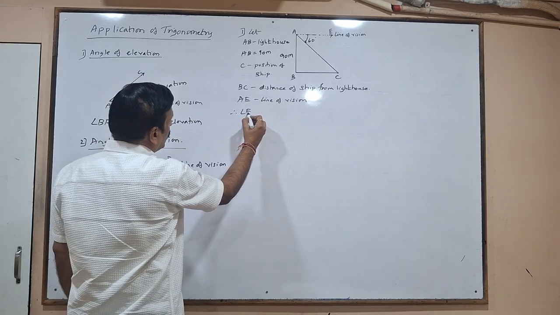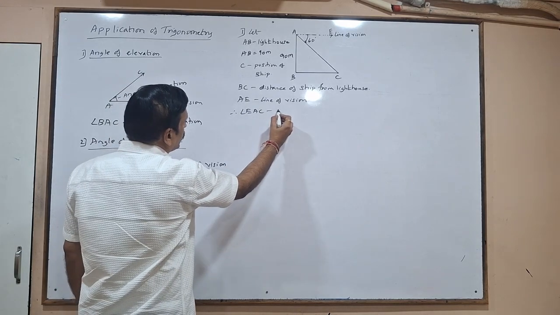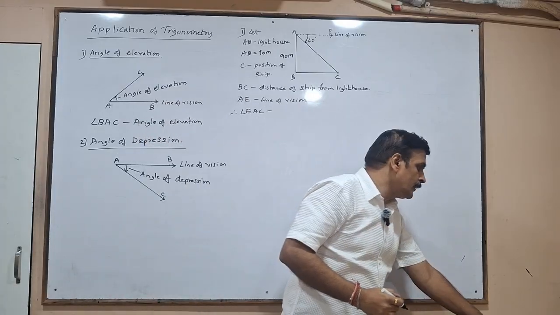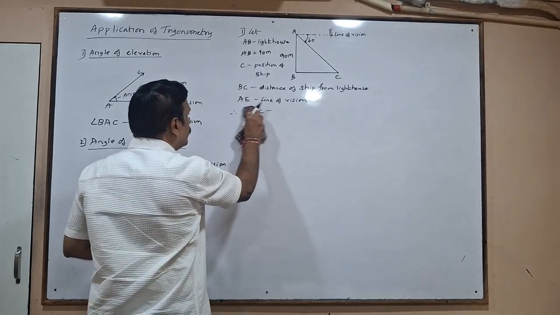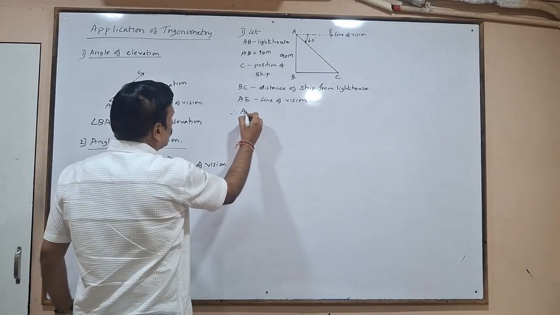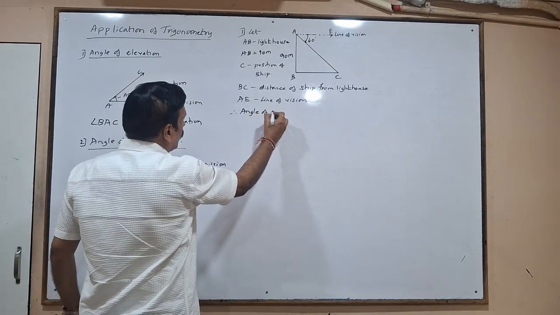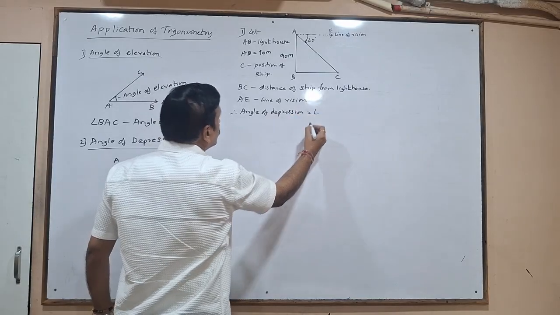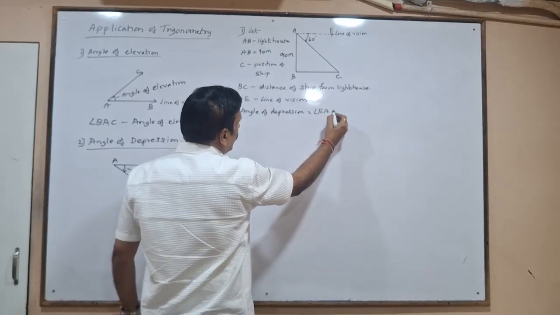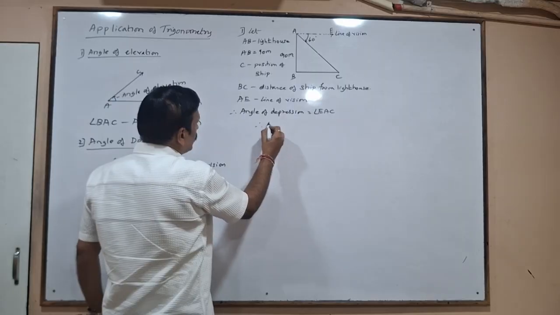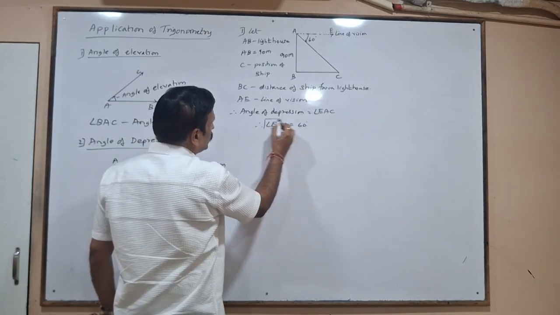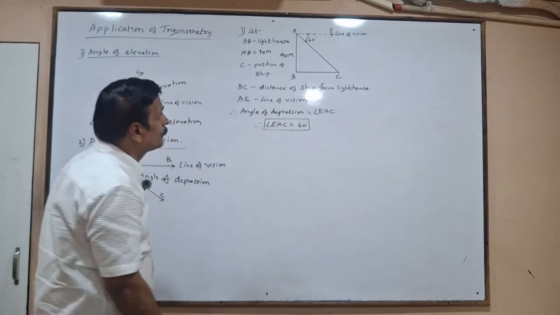Therefore angle EAC is, or else I'll write, angle of depression is angle EAC. Angle EAC is equal to 60 degree.